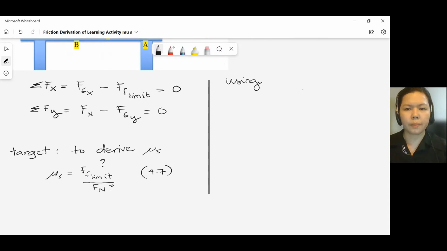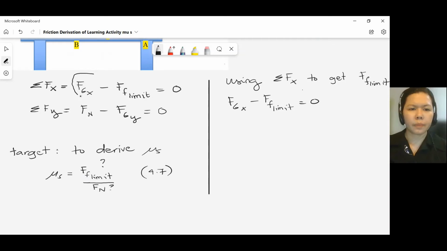Using the summation of Fx to get FF limit, I'll copy: Fgx minus FF limit equals 0.